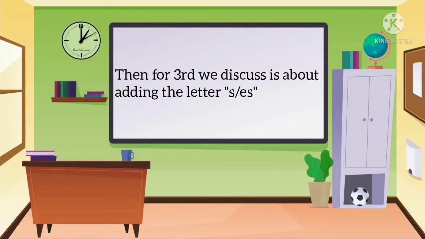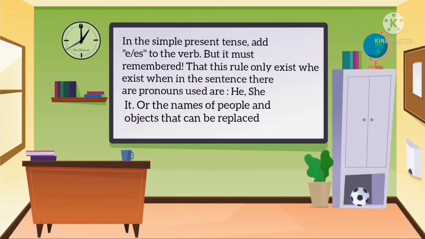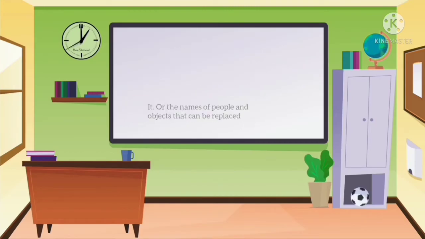Then for the third, we discuss adding the letter S or ES. In the simple present tense, add S or ES to the verb. But it must be remembered that this rule only applies when the pronouns used in the sentence are he, she, it, or the name of a person or object that can be replaced.